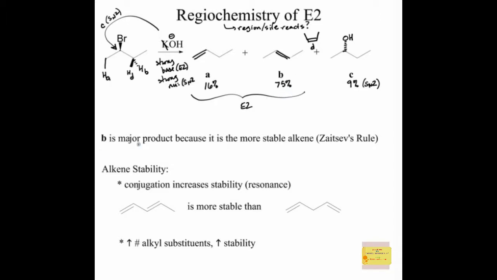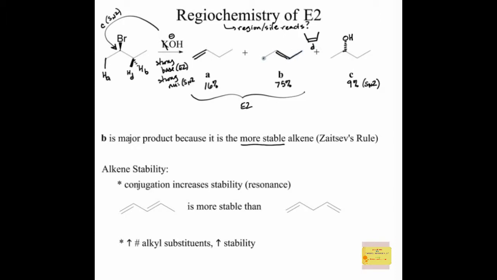Okay, and why is that? It's the major product because it's the more stable alkene. This is known as Zaitsev's rule, and Zaitsev's rule states that when you have a choice between different alkenes that you can form, you're always going to want to form the more stable alkene. So can you tell between B and D why B would be favored over D?